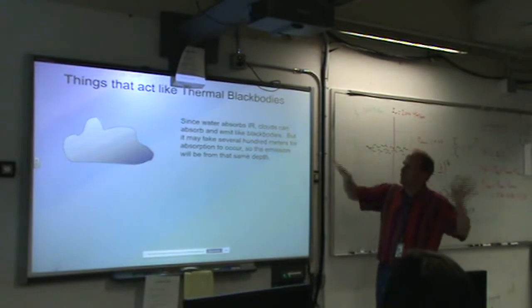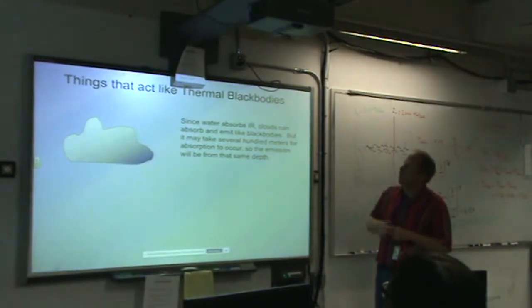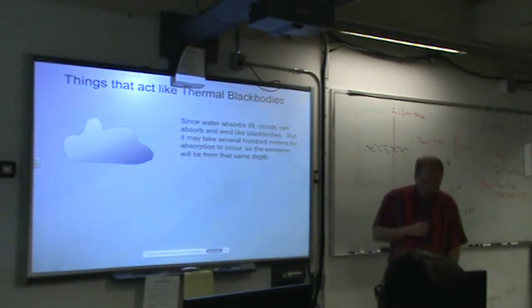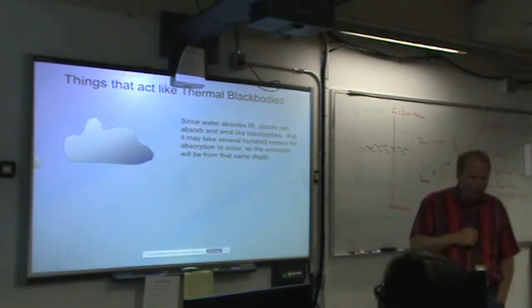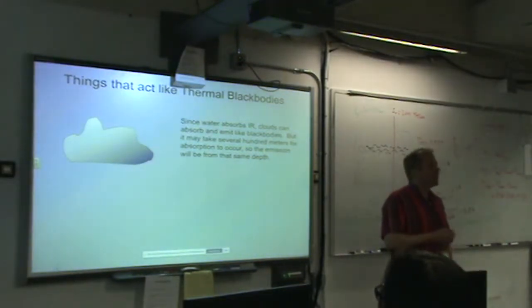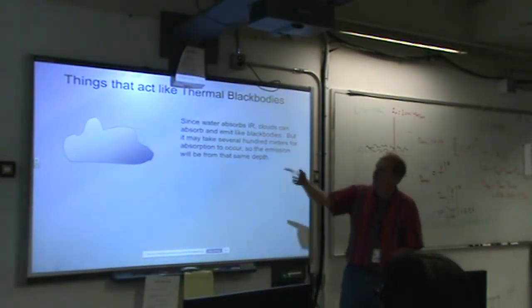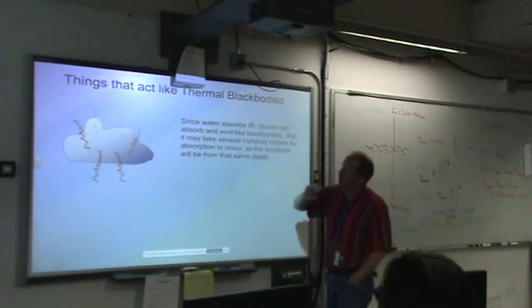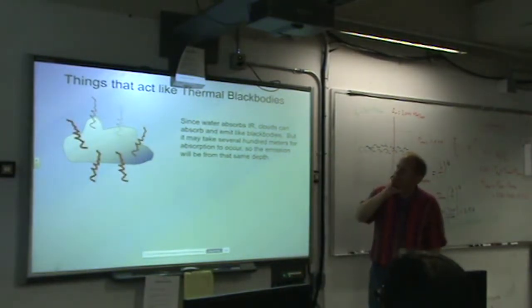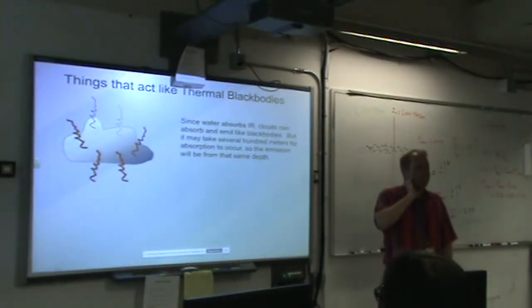But let's just say we're talking about things that are perfectly absorbing. Which things will act like thermal black bodies? Well, it turns out that water absorbs infrared radiation very well. So if you have a cloud that's thick enough, it would behave and radiate like a black body.